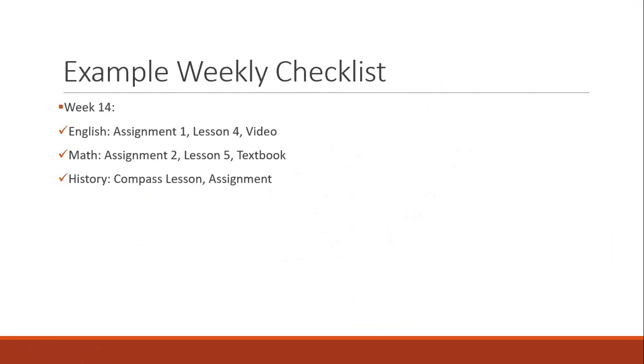Or you have to do a Compass lesson, and take a bunch of notes, and then take a quiz or something. So make sure you are organizing everything, making it all clear to yourself, and stuff like that.